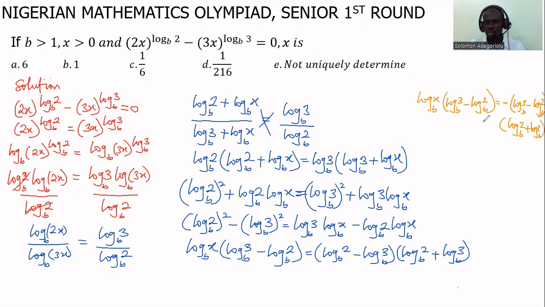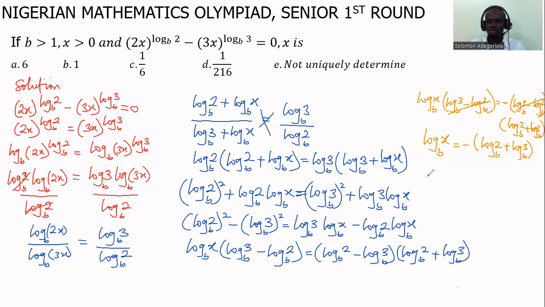Now something is common here that we can strike out. We strike out this and this. When we strike that out, we are left with log x base b, which is equal to minus, open bracket, log 2 base b plus log 3 base b, close the bracket.